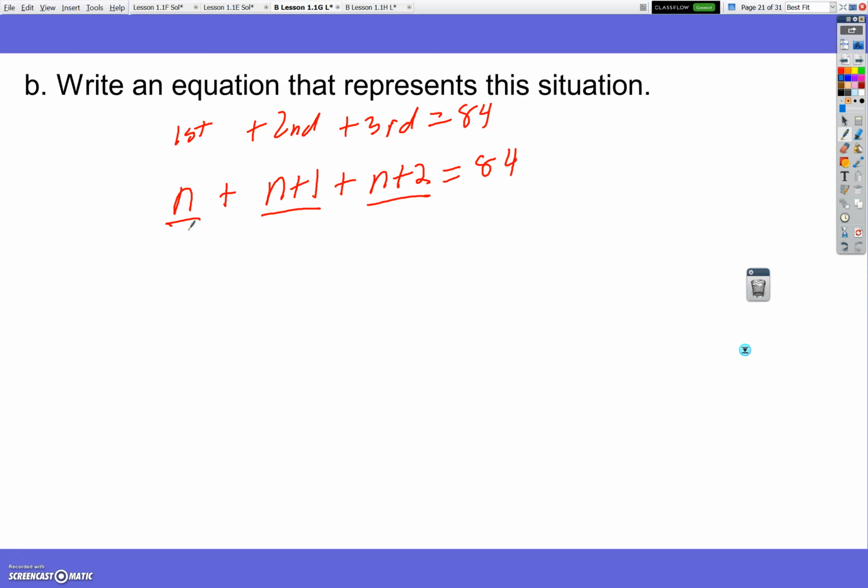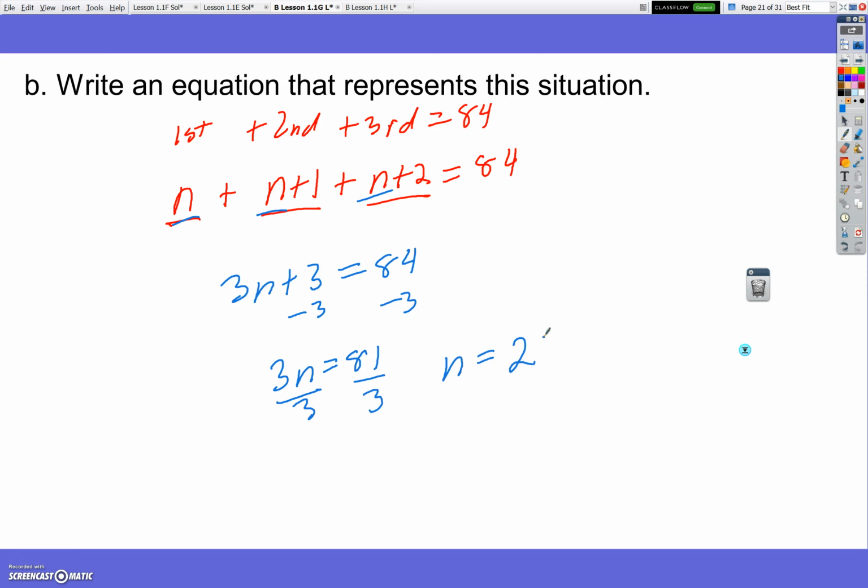Now that I have this, I just treat it like a regular simplifying equations problem. I'm going to combine my like terms to get 3n, so 3n plus 3 is equal to 84. I then solve by subtracting 3 on both sides to get 3n is equal to 81. When I divide both sides by 3, I get n is equal to 27. That is my first number.